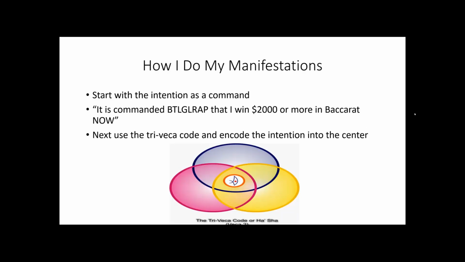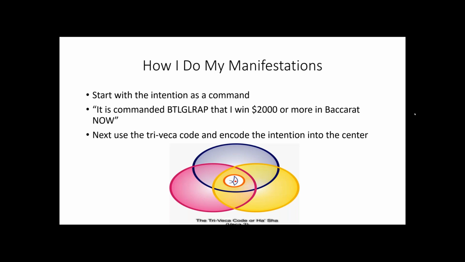So here's how I do my manifestations. I start with the intention as a command. So you can have a manifestation journal, and then you can come up with your intention, and then write it as a command like this.